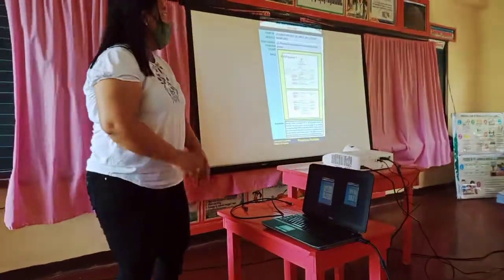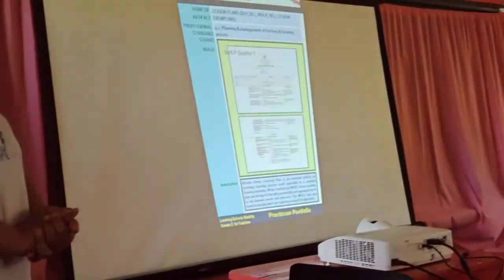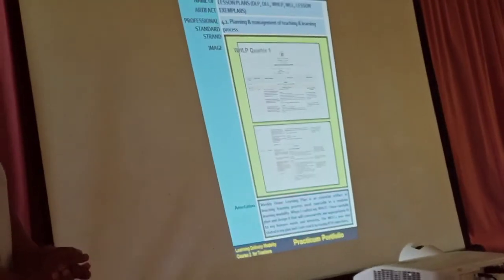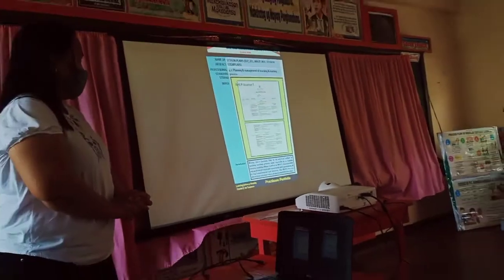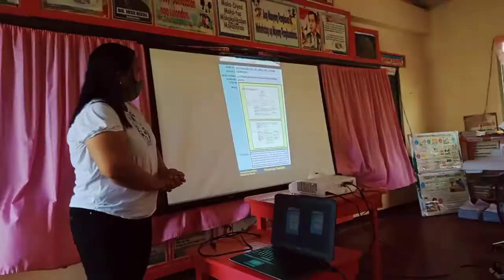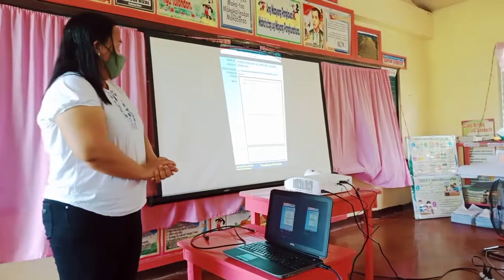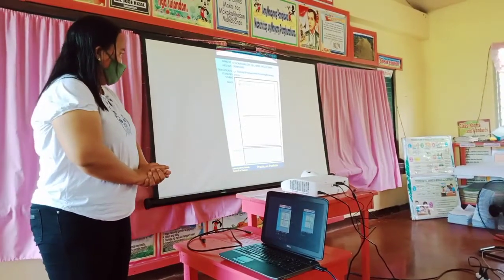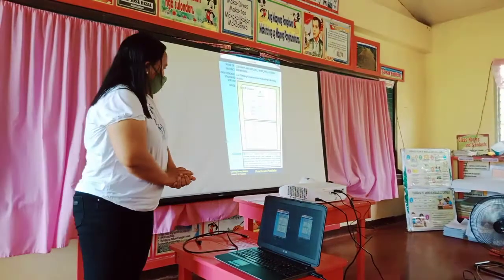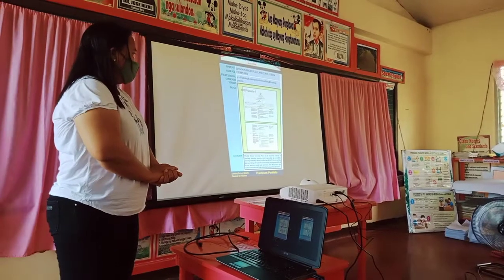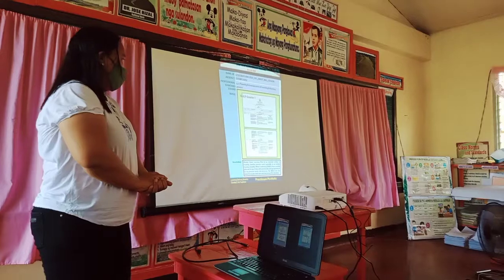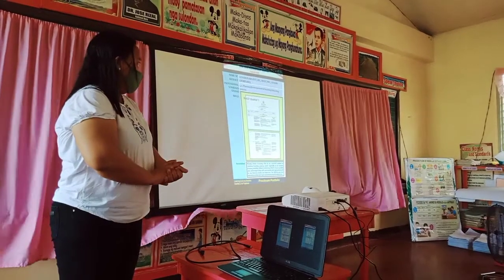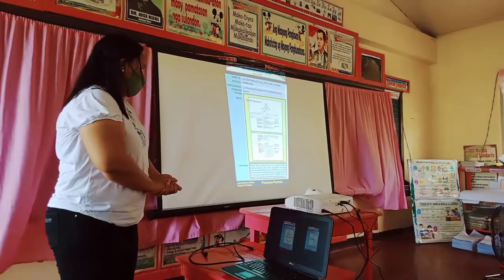So, next artifact under the RPM Strand 4.1, Planning and Management of Teaching and Learning Process. My artifact here is my WHLP quarter 1. As you can see, there is the highlighted part there where I put my objectives into PSA, for knowledge, skills, and attitude.